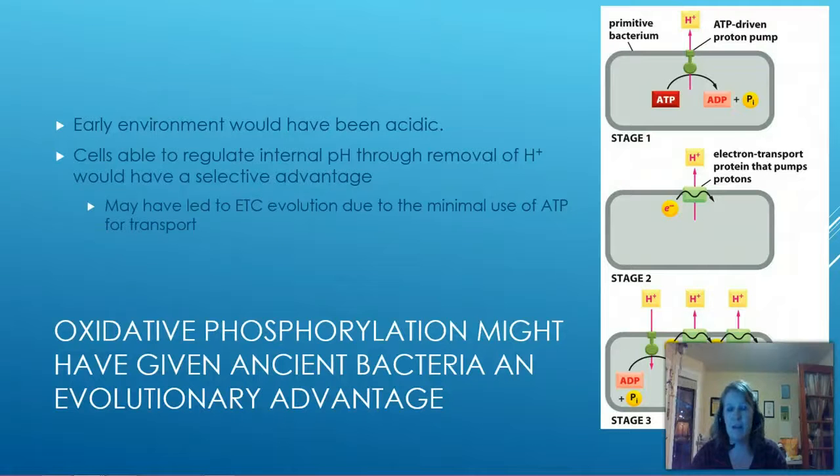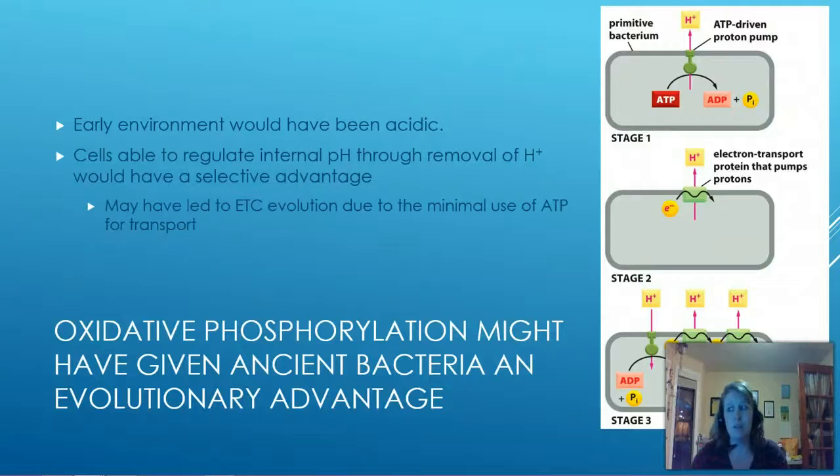And so any cell that had the ability to regulate its own pH and maintain that balance would have been very evolutionarily useful, because they could have lived in a very acidic environment but still maintained the internal pH that's needed for proteins to function. Because don't forget, proteins and DNA even are very sensitive to pH, and so it's really important that the cells maintain that, otherwise they're not going to be able to function.